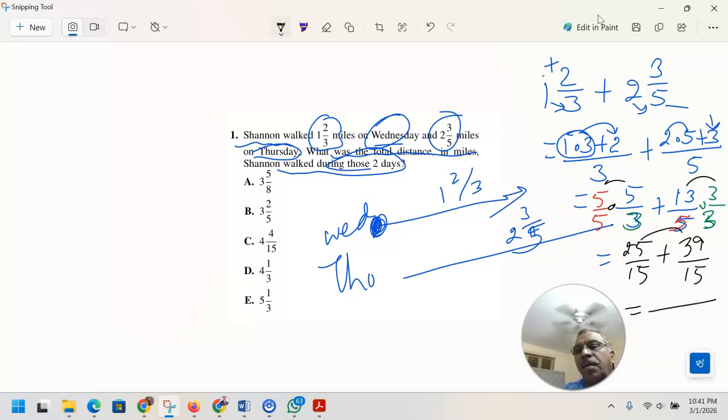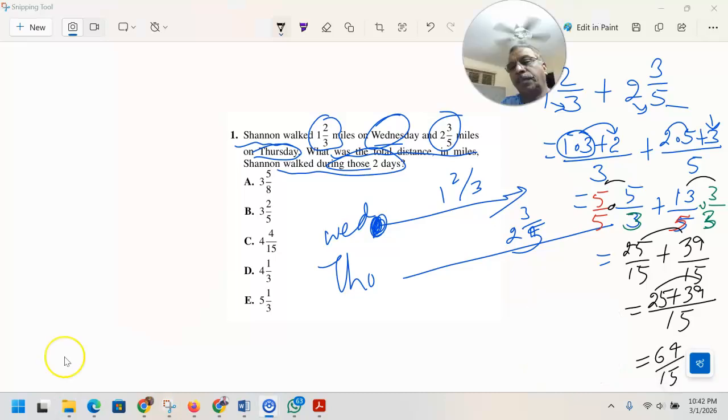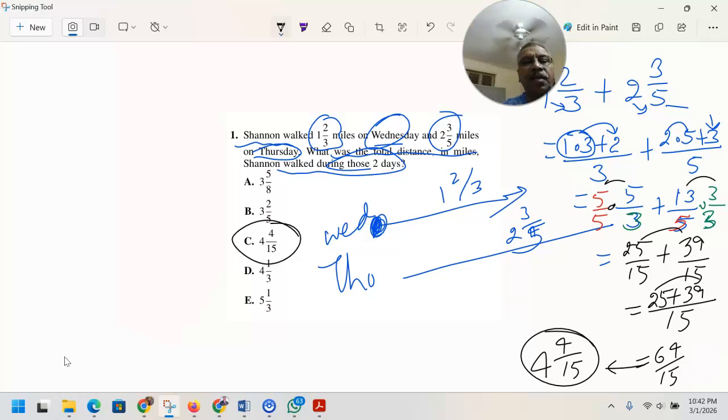You will write this as 25 plus 39, which gives you 64 divided by 15. If you check with long division, 15 times 4 is 60, so 4 with a remainder of 4, giving 4 4/15. This way you get the answer directly.